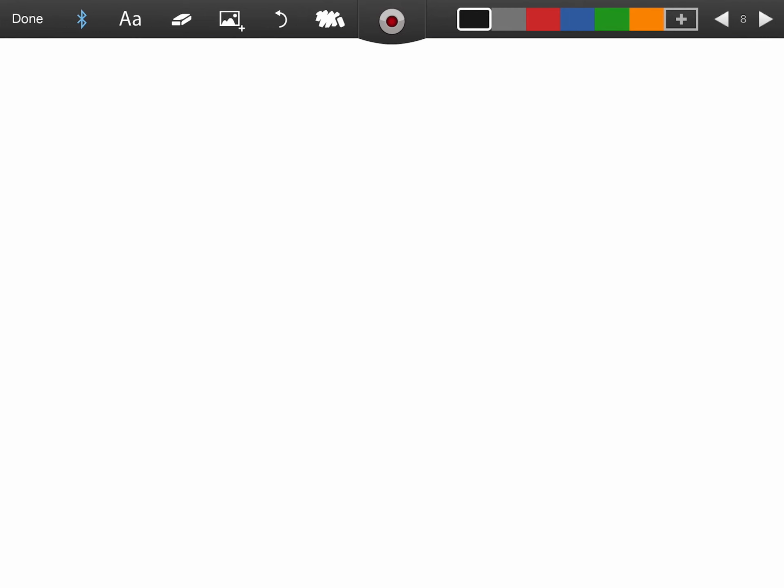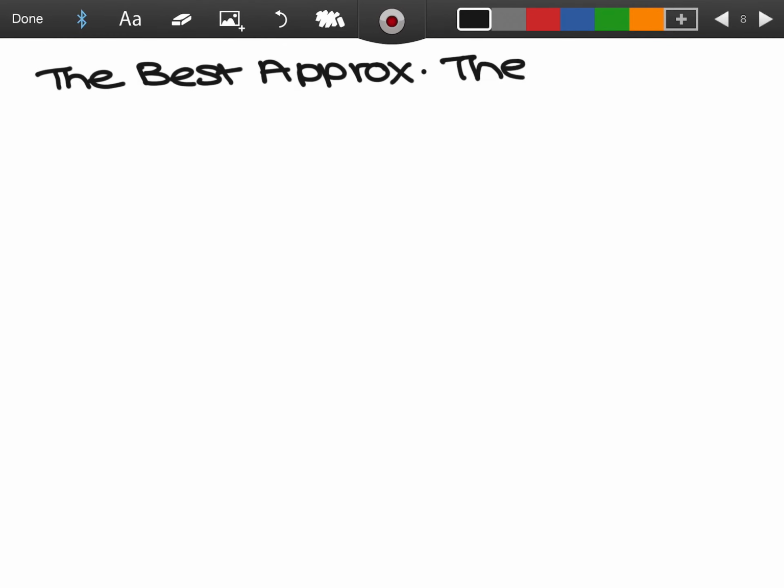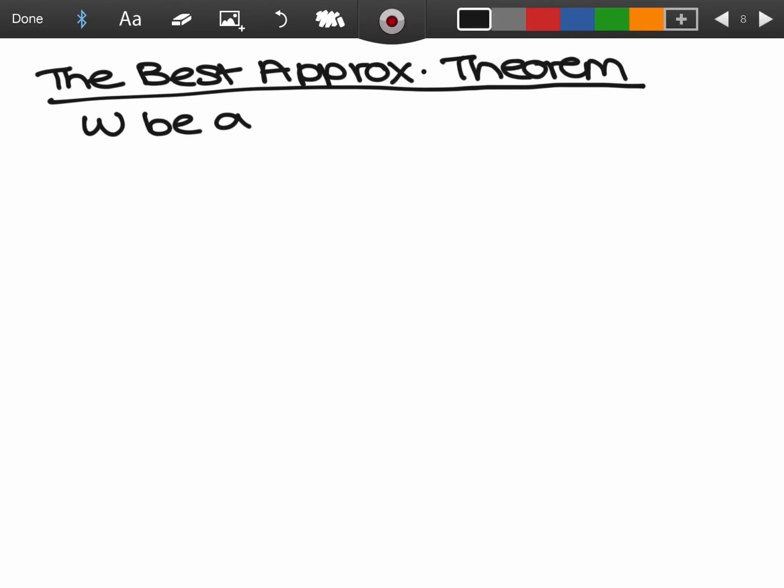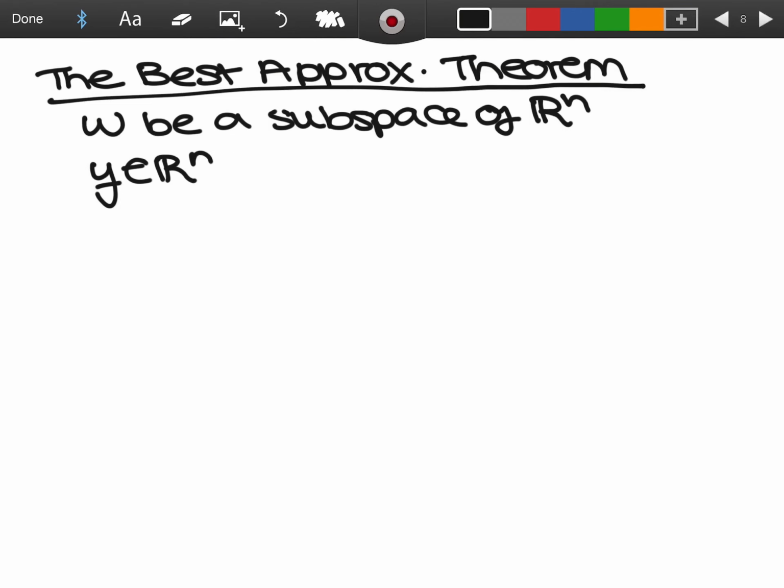The next thing I want to look at is something called the best approximation theorem, which looks at y being close to W and what the closest point to y is. Again, that is y hat, but it's looking more at that kind of theory. So it's called the best approximation theorem. What this theorem says is if we let W be a subspace of R^n, and then we take y as some vector in R^n.